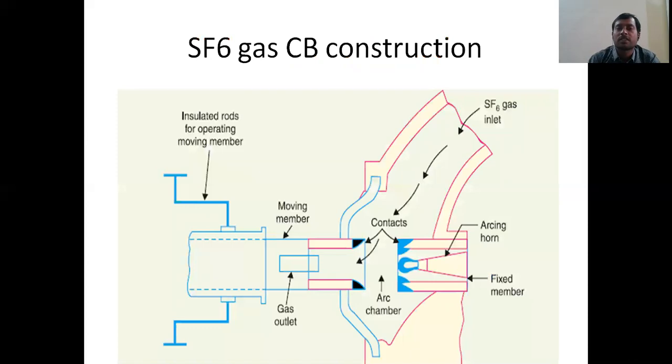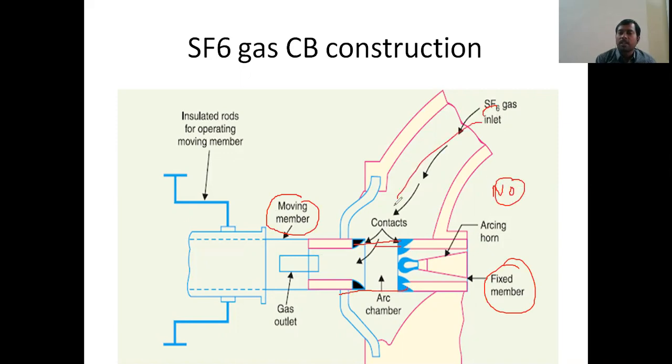Let us look at the construction view of the SF6 circuit breaker, which is very easy. This is the moving chamber, and this is the fixed chamber. This is the SF6 gas. Generally the fixed and moving chambers are tightly closed during normal operating condition.